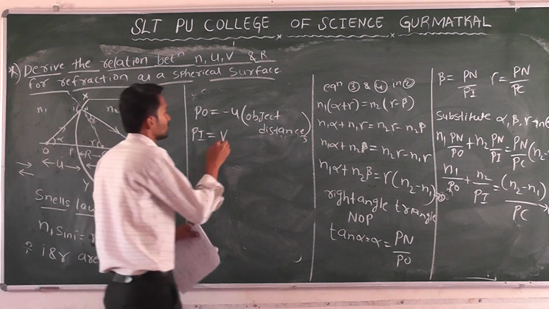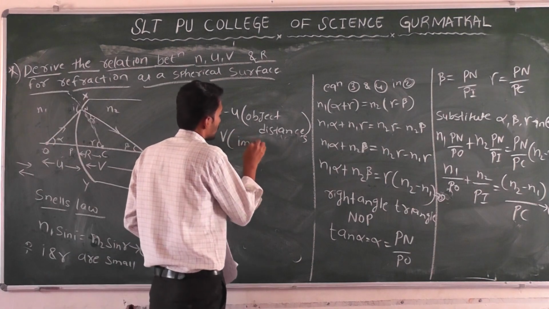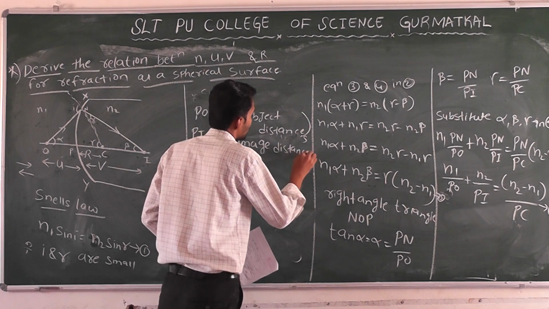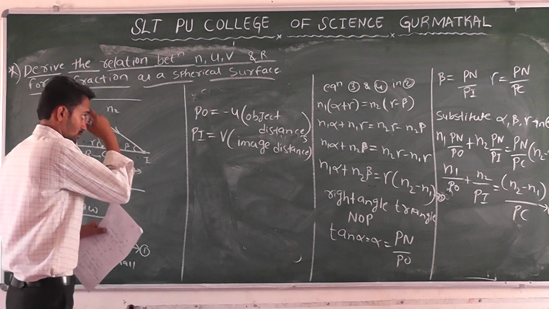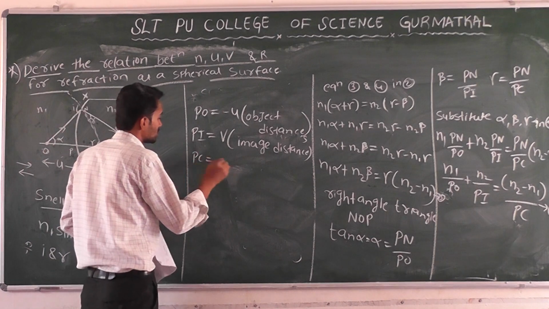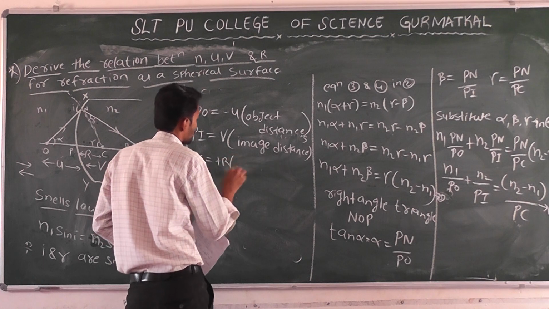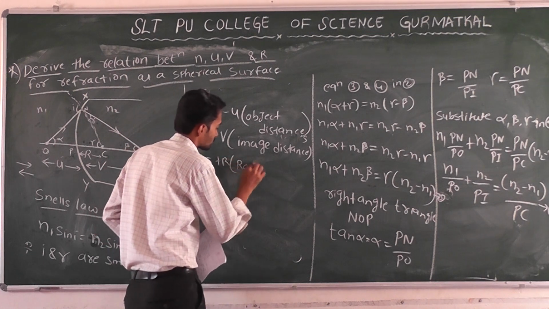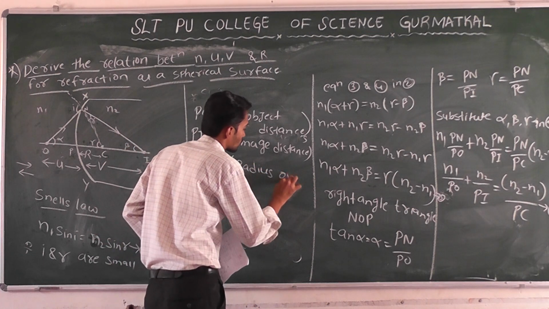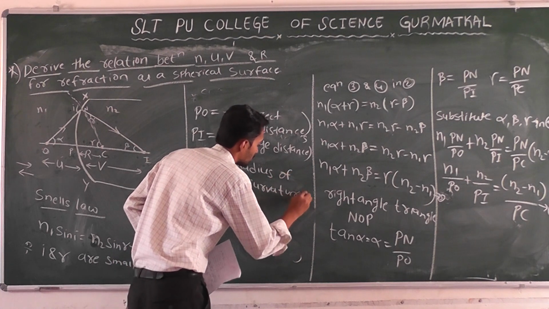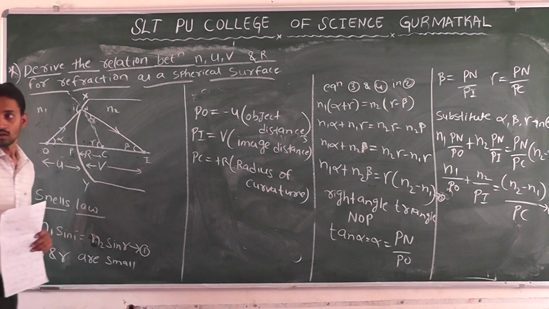V means image distance. Next, PC means radius of curvature.